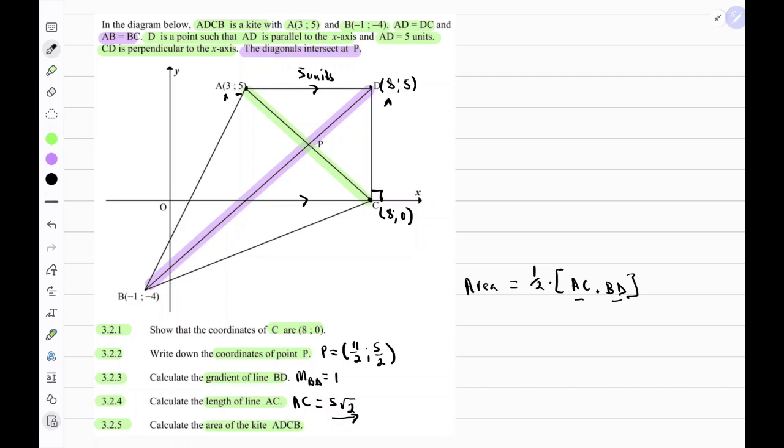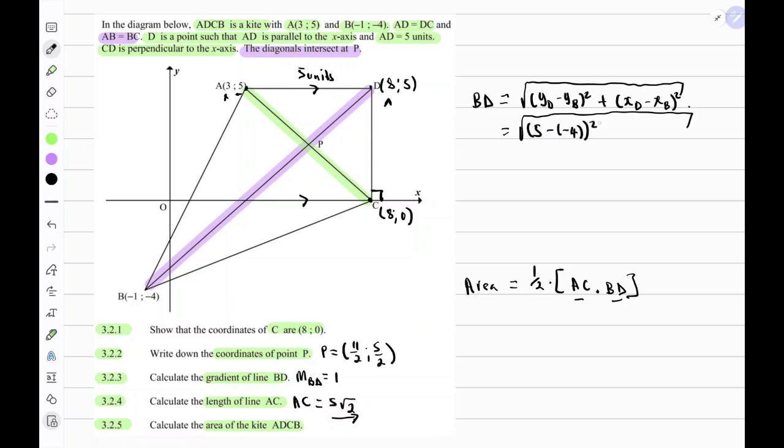So we can apply the distance formula for BD. So we can say BD is equal to the square root of (YD minus YB) the whole squared plus (XD minus XB) the whole squared. So we can just substitute: square root of (5 minus negative 4) to the whole squared plus (XD, which is 8 minus 1) the whole squared.